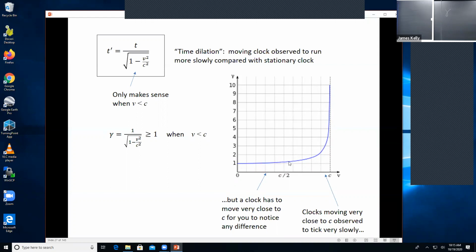All the way up to c over 2, that's 1.5 times 10 to the 8th meters per second, that's a huge speed. We never see things going that fast, at least macroscopic objects. You might say, well, I see light going that fast, but it's really hard to see light going that fast anyway. So normal objects don't travel this fast. And that means for almost everything we're familiar with seeing, gamma is essentially 1.